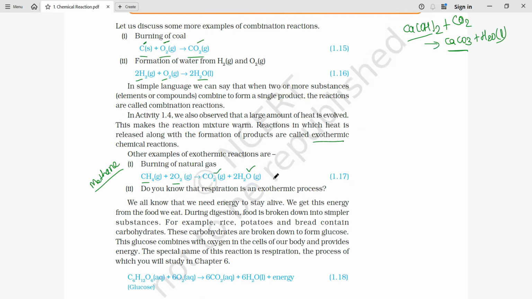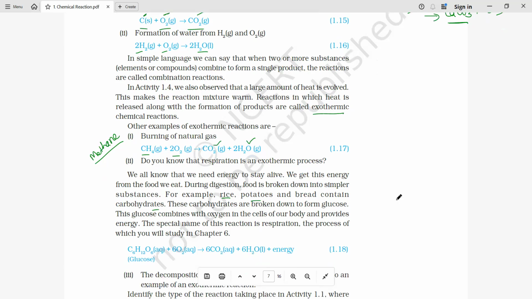Again, you talk about the digestion system. So in the digestion system, mainly we are taking carbohydrates. So rice, potatoes, bread, they are what? Rich in carbohydrates. So these carbohydrates are broken down to form glucose.